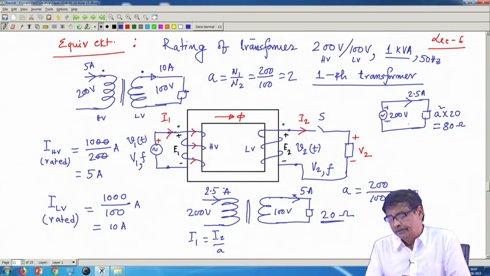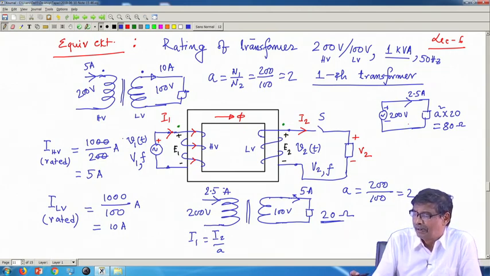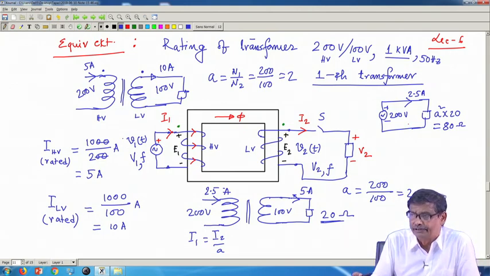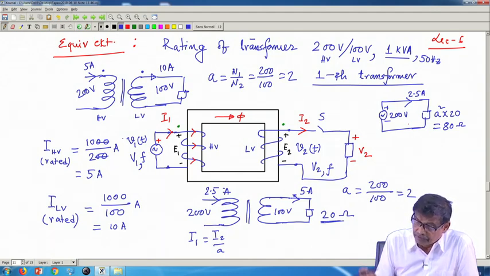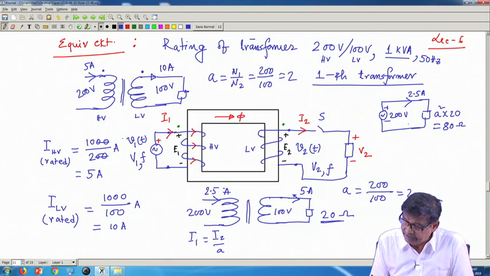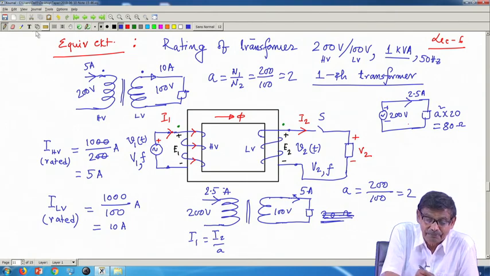Now, corresponding to this rated current, here I am underutilizing the transformer. The transformer can deliver a current of 10 ampere, but I have connected 20. This I can always do. Under full load condition, rated condition, I should connect an impedance which is equal to 10 ohm.